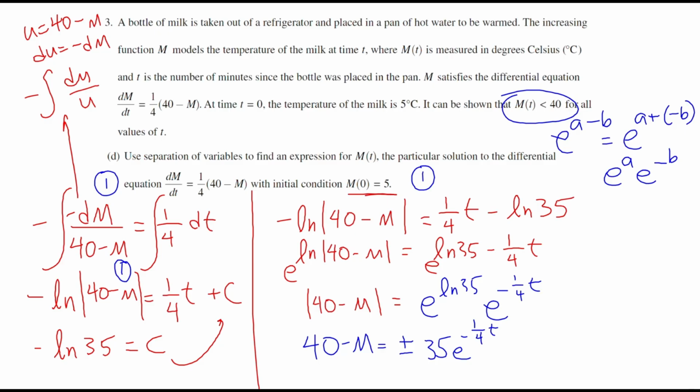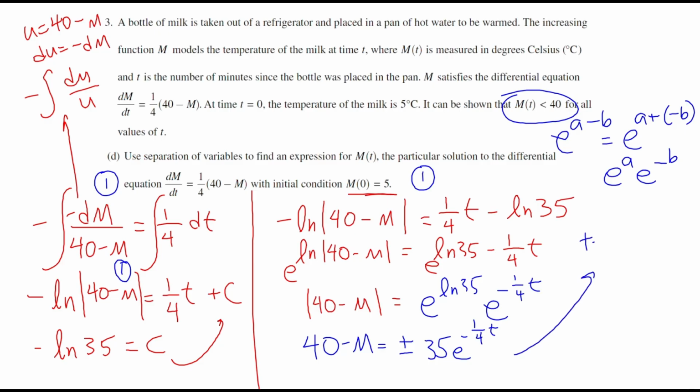But I think it's good for us to see what happens when we clear them off with the plus or minus and test out our values in the end. So we know that when we plug in 0, we need to get 5. Well, if I plug in 0 right now for t, I'm going to get plus or minus.